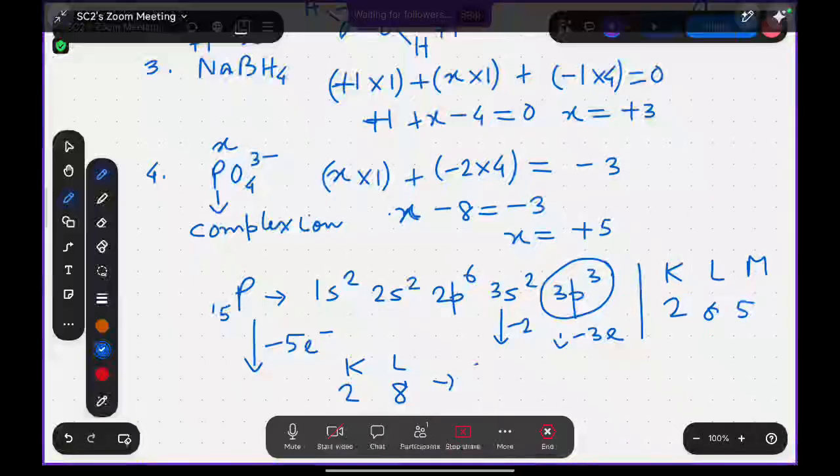That means this is the configuration of neon, the noble gas, which is stable. So it is possible to have a +5 oxidation state for phosphorus. Since it is less electronegative, it has a plus charge, and after it loses 5 electrons, it achieves the noble gas configuration. So it is definitely possible that phosphorus can have a +5 oxidation state.